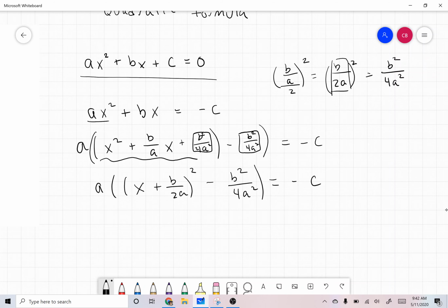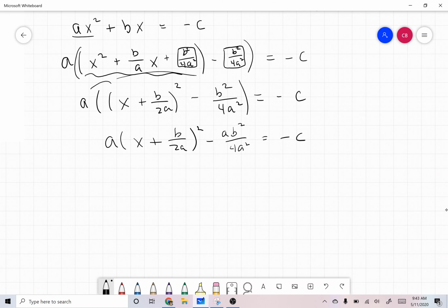Now we're going to multiply this a to both terms, this and this. So we have a times x plus b over 2a squared minus, sorry, a times b squared over 4a squared is equal to negative c. Well, that cancels with one of these. That leaves us with a times x plus b over 2a squared minus b squared over 4a is equal to negative c.